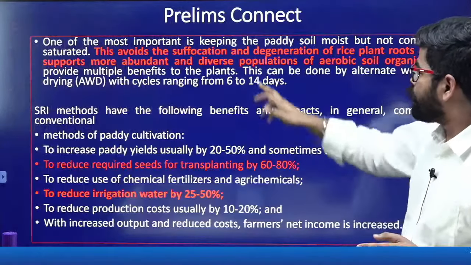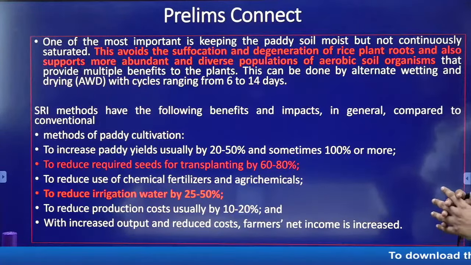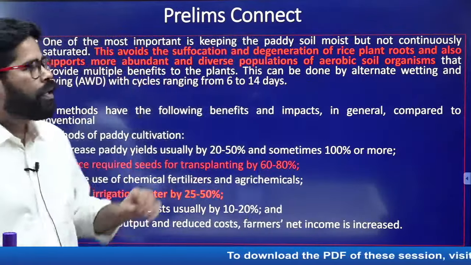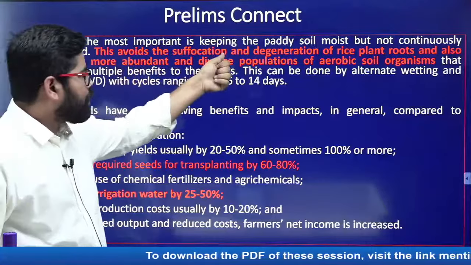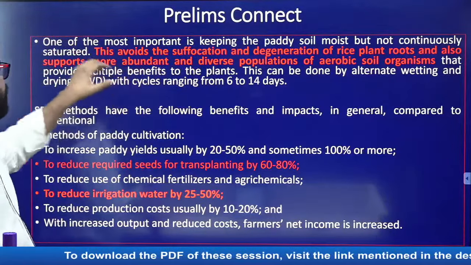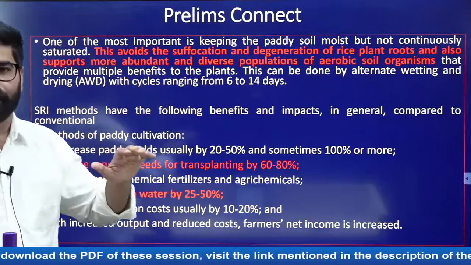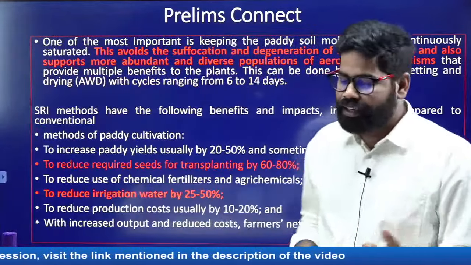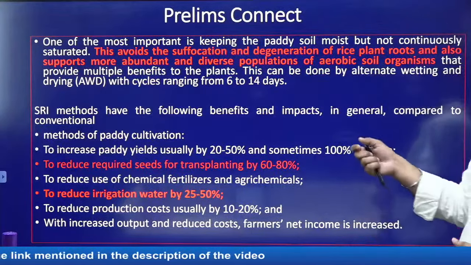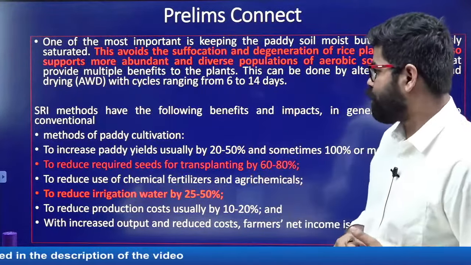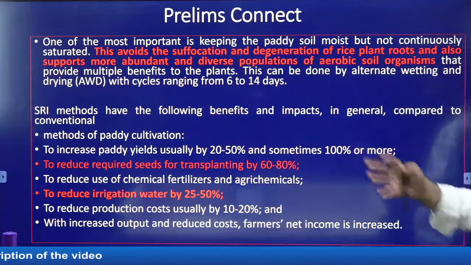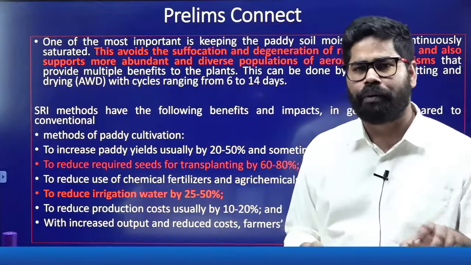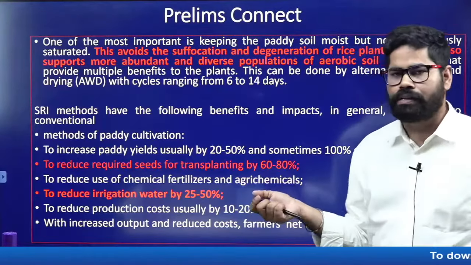When we talk about this zero tillage, you can see in the first line itself that we are keeping the paddy soil moist but not continuously saturated with water. Due to that factor, we can have the growth of aerobic soil organisms, and due to this there will be less methane production. You can see the SRI methods have the following benefits, again from the government website itself, from government recognized PDFs.